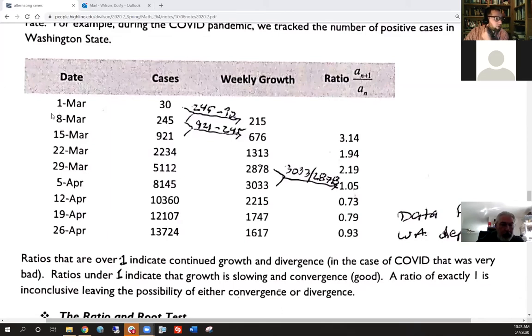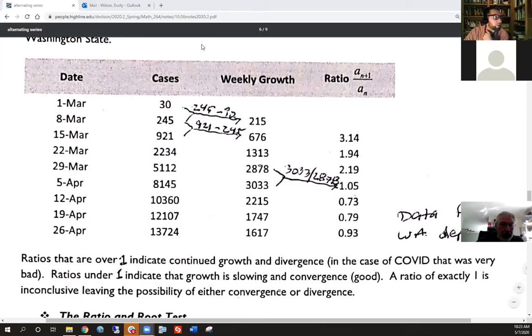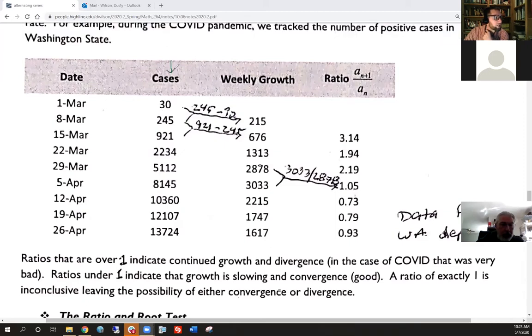So I grabbed data on March 1st, March 8th, March 15th. This is the number of cases in Washington state on the given days. You'll notice that last week there were about 13,000 cases in Washington state. Then we asked ourselves, what's the growth in cases each week?